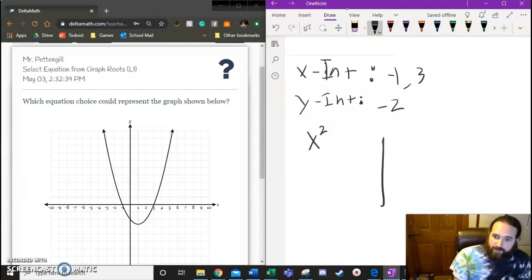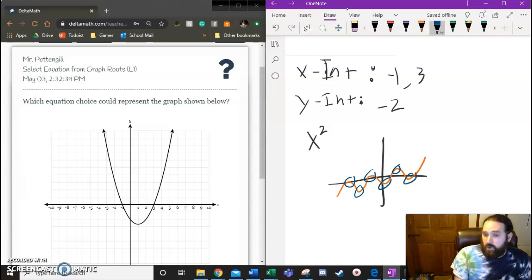Like if you had a graph that looked like this, and you were asked to pick what equation did this graph, what I would look at real quick is every time it bends. The exponent on your x, the degree of the equation, will be the number of bends plus 1. So 1, 2, 3, 4, 5, 6 bends. This equation would have an x to the 7th. So I know that my options require me to have this.